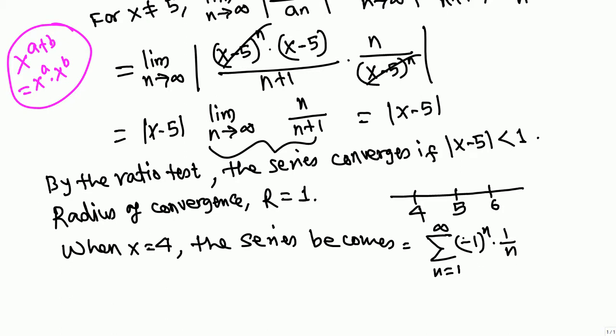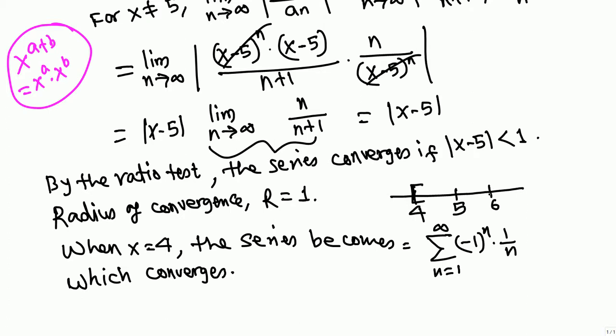In general this is an alternating series, and it converges, because for alternating series, for convergence all we have to show is that 1 over n decreases. That's true: 1 over 2, 1 over 3, 1 over 4 decreases, and when n goes to infinity, 1 over n goes to 0. So this alternating harmonic series converges. That means the given power series includes 4, so we can put a bracket.